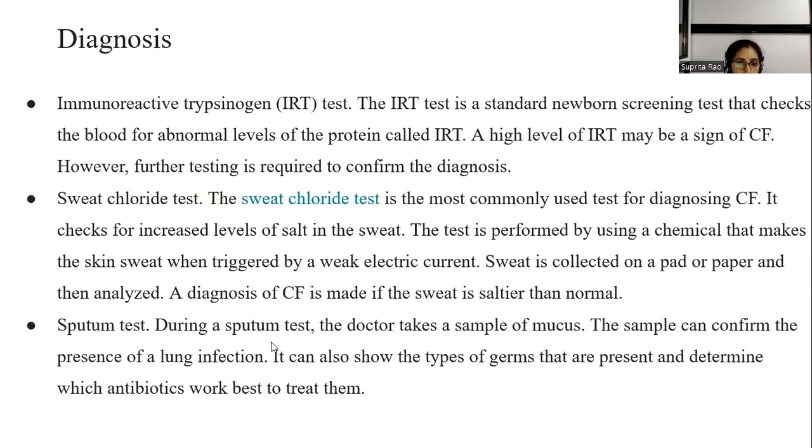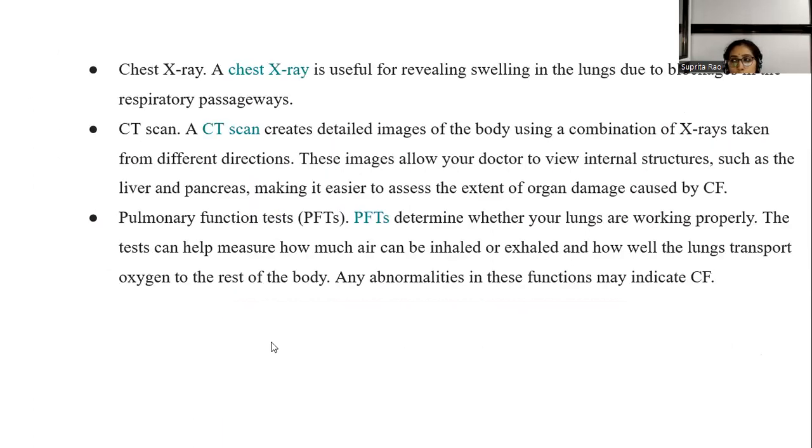Then we go for the sweat test, then sputum. We check the mucus and see if it has any microbes, for multiple infections. In a chest X-ray we will find a lot of blockages. You can see that in a CT scan as well. We will also find the kind of damage the alveoli in the lungs have, and then the pulmonary function test, which shows how much of your lung is working properly.